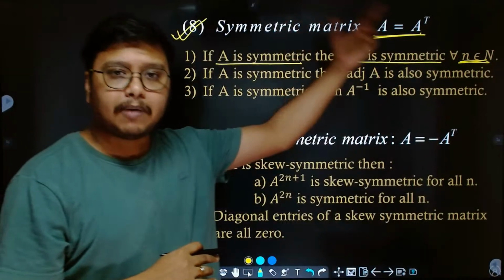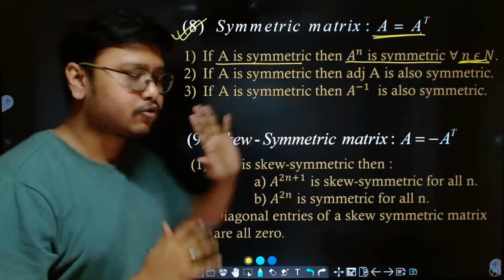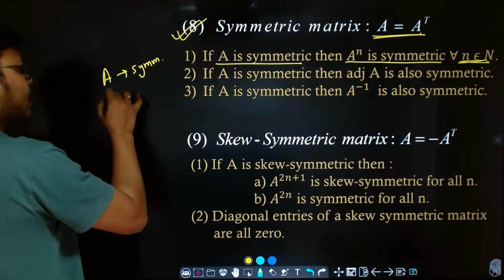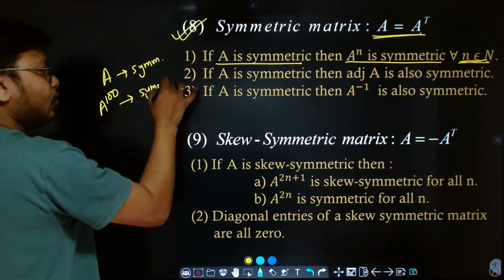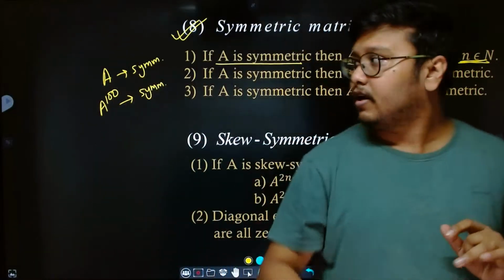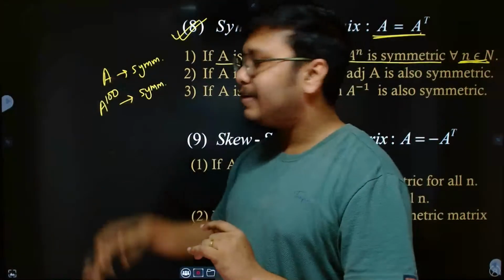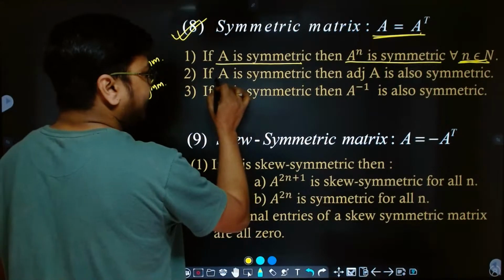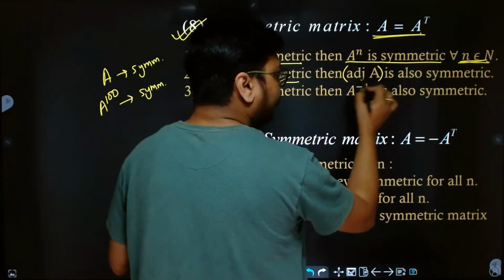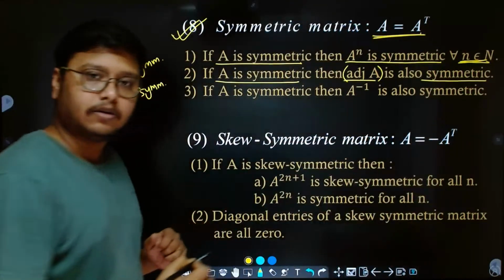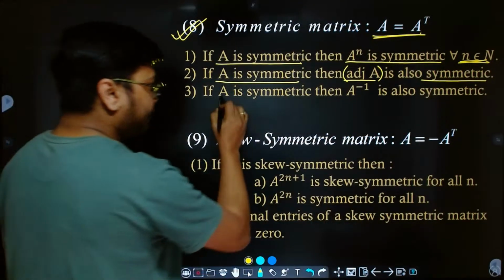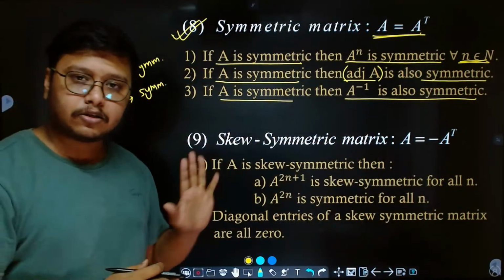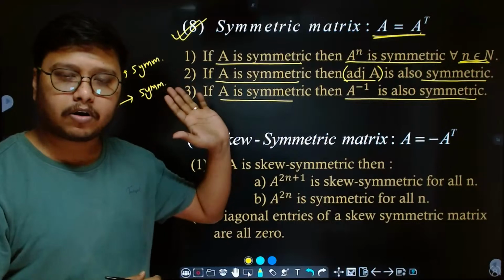So if A is symmetric, then A to the power 100 will also be symmetric. You don't need to find A to the power 100, just by property any power of A will be symmetric. Then if A is symmetric, adjoint of A will also be symmetric. These are important properties.